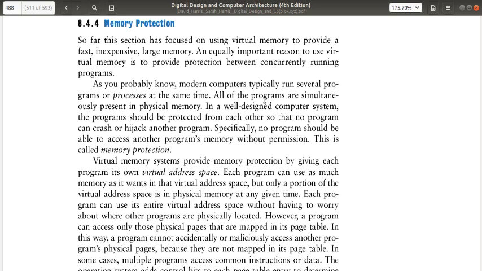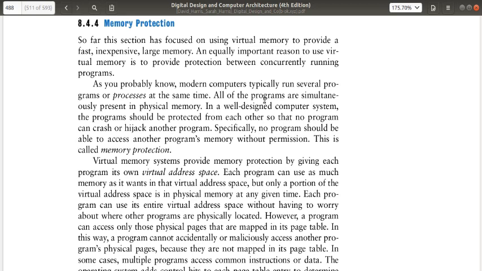Also, this can be used for sharing data. This virtual memory address translation can be used to isolate processes. That is, it can make sure that process A won't take the data used by process B in the physical memory.